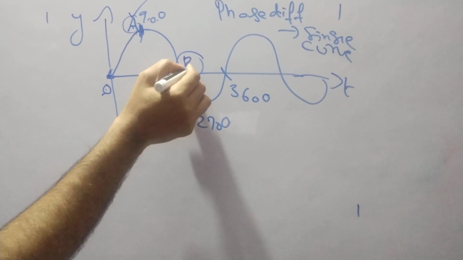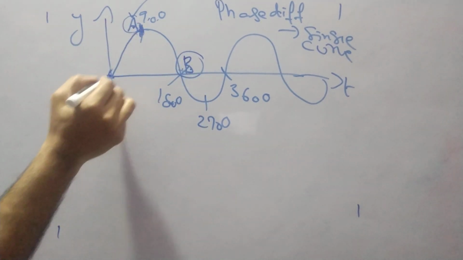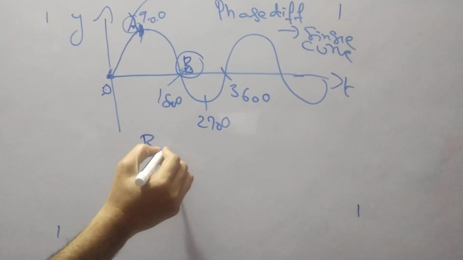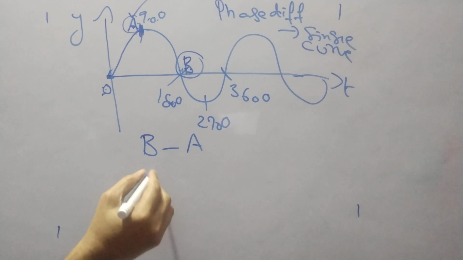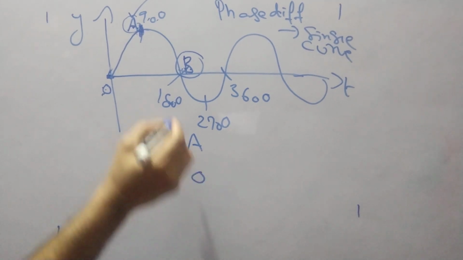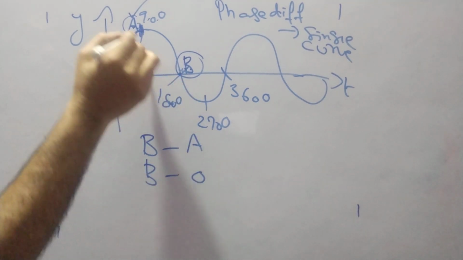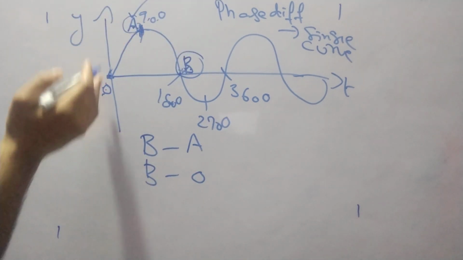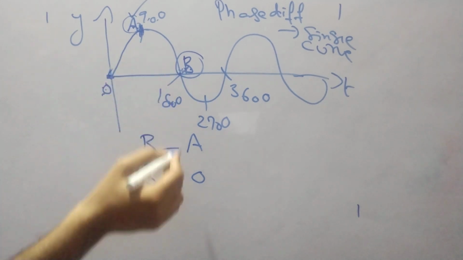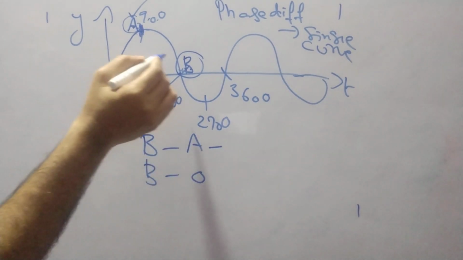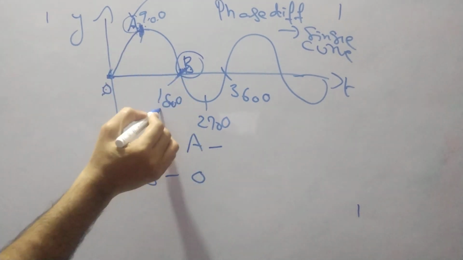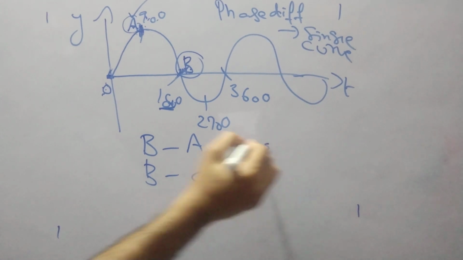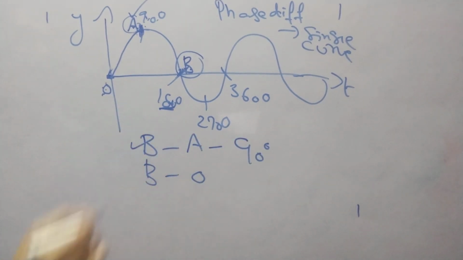B is with respect to two points, A and O. You can define the phase difference of B with respect to A or with respect to O, because B is after O and A. Now B with respect to A: B phase is 180, A is 90. So 180 minus 90 is 90. So B with respect to A phase difference is 90.